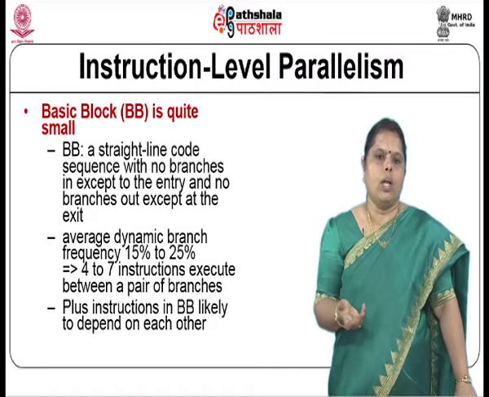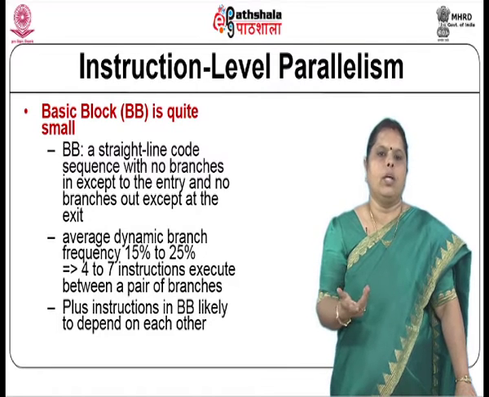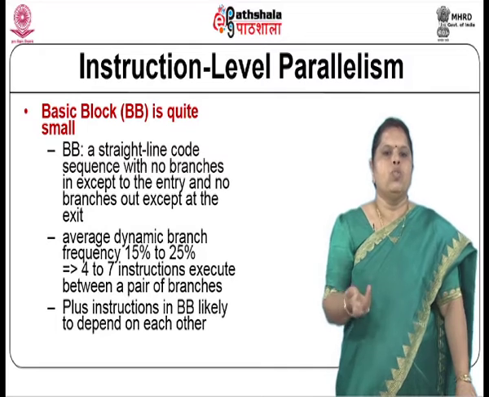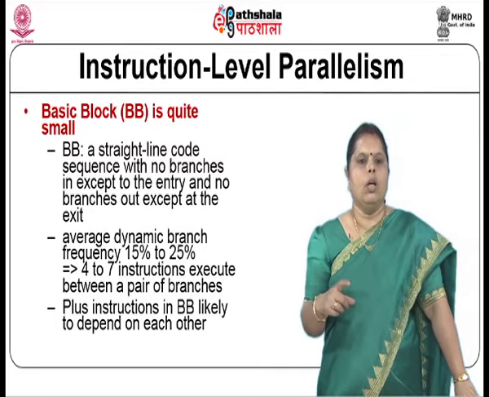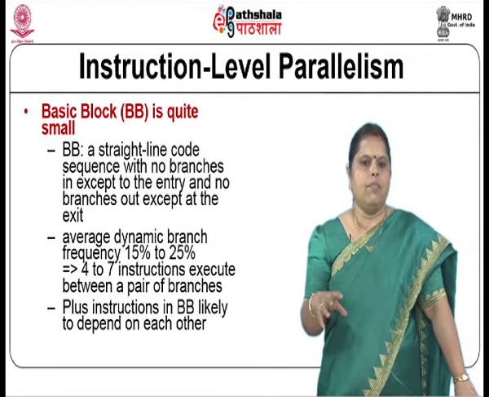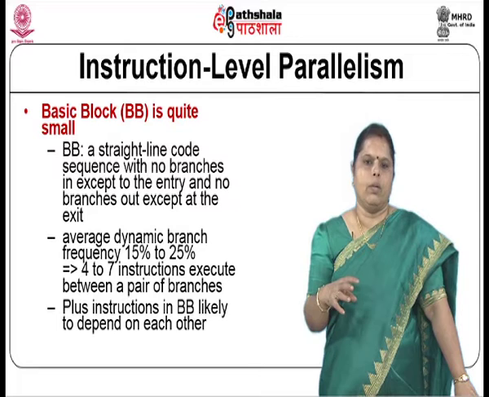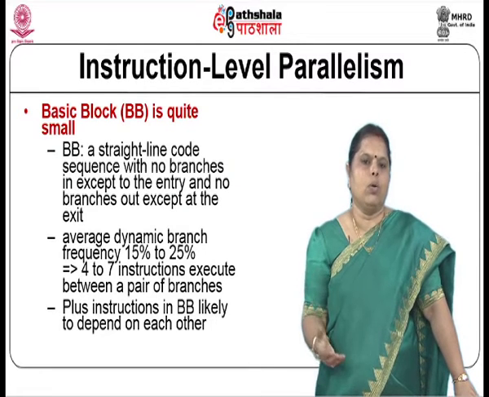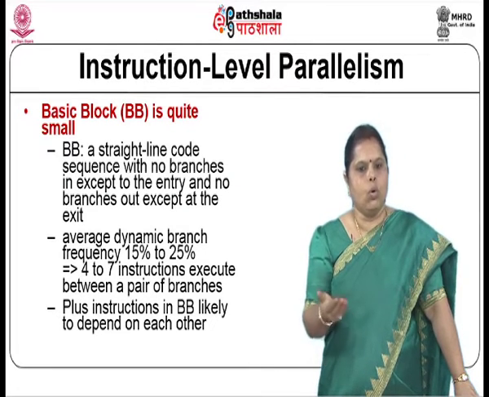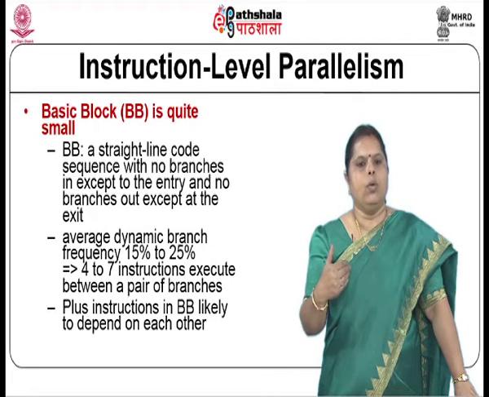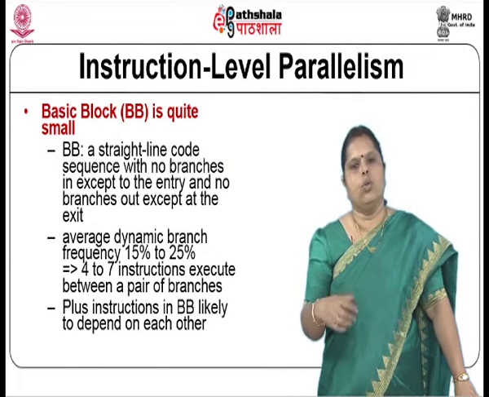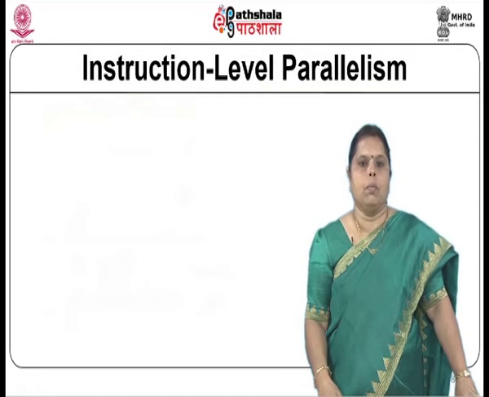So you won't have any benefit from exploiting instruction level parallelism because there is no parallelism that exists. Branches are very frequent; about 15 to 25% of your instructions are branches. So you can't look at only the basic block. You will have to go beyond the basic block and try to exploit parallelism among instructions beyond it.